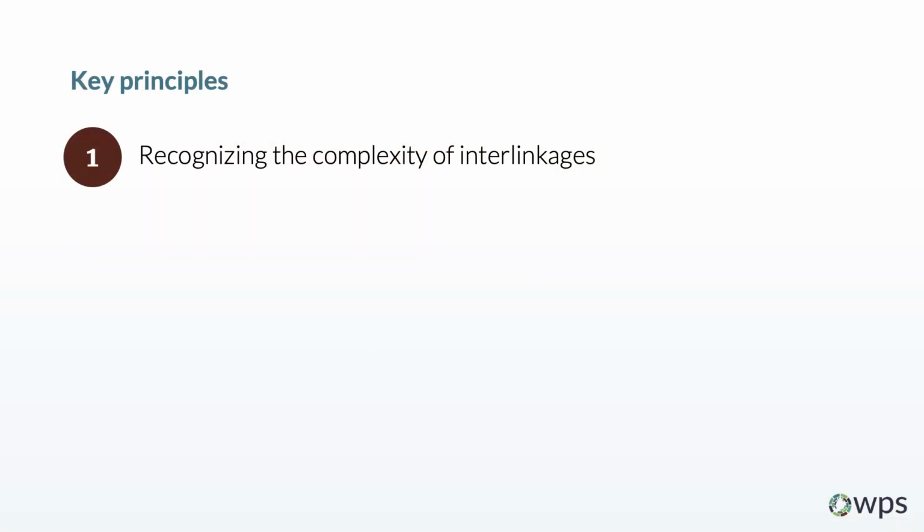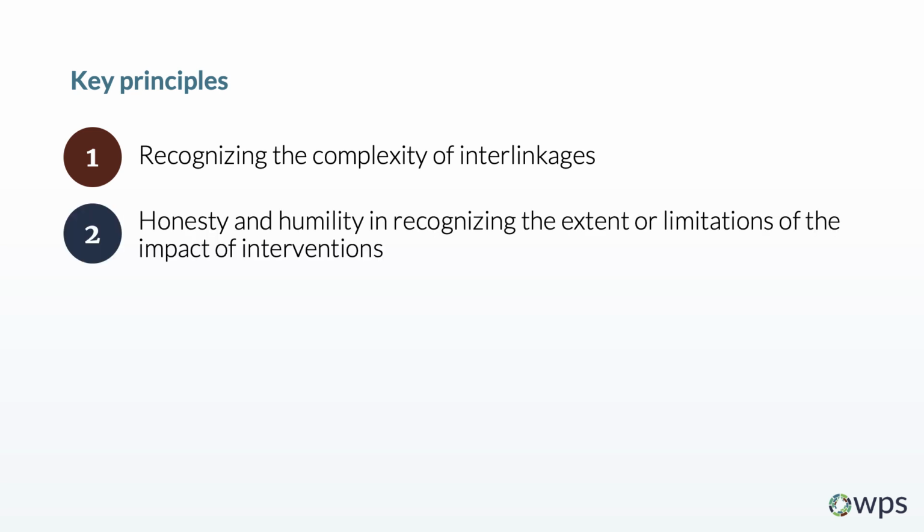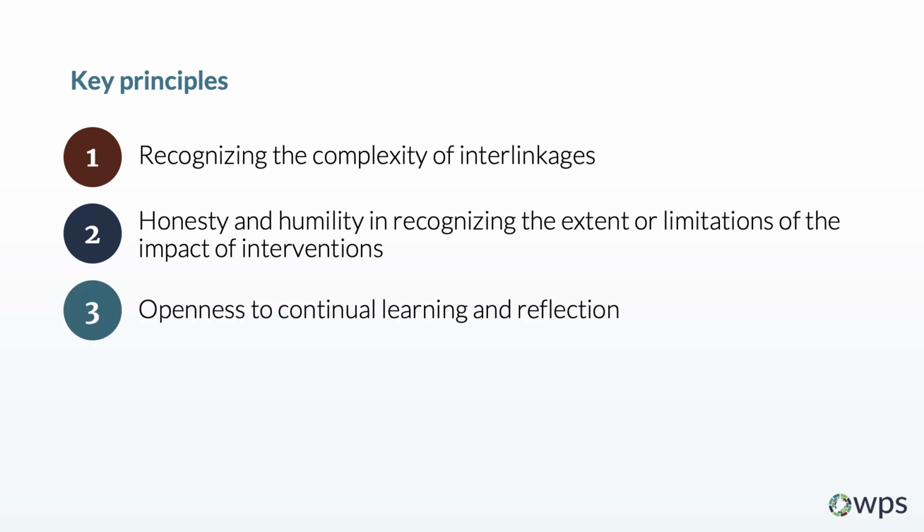We need to recognize the complexity of the linkages between water resources and power relations within society. We need to be ready to challenge our assumptions and our own bias, which calls for honesty and humility in recognizing the extent or the limitation of our interventions. And finally, we need to ensure that we are open to learning and demonstrate intercultural sensitivity.